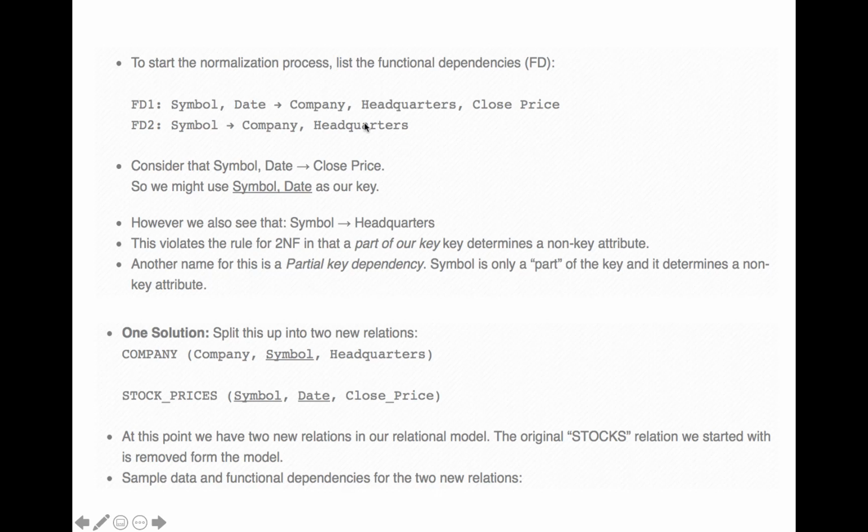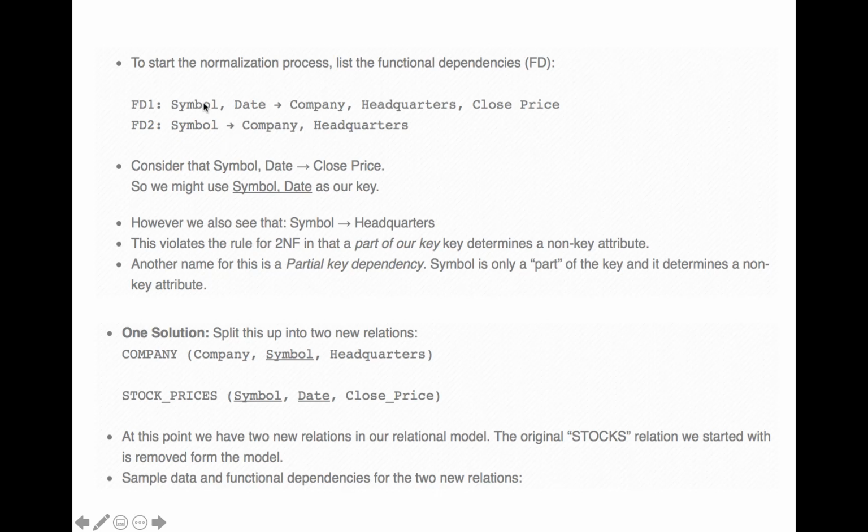To normalize it to the second normal form, first of all, why am I normalizing to the second normal form? Because we have a composite key. So what do we do? We first list the functional dependencies. Symbol by itself determines company and headquarters.